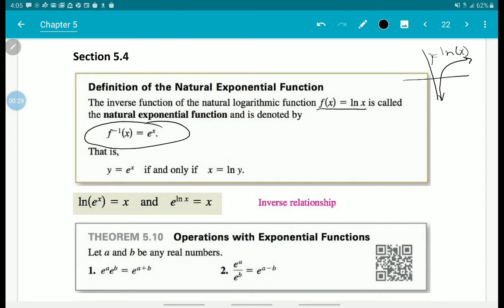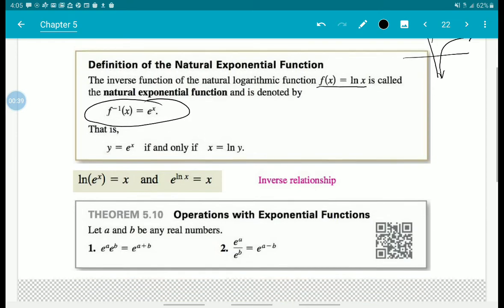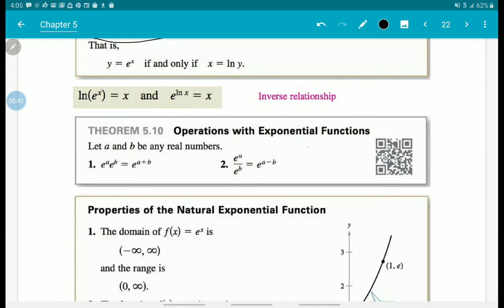And remember, we talked about this in a previous video, how we can convert back and forth between a logarithmic function and an exponential function. We also reviewed exponents and exponent rules. So if we multiply and we have the same base, we add the exponents.